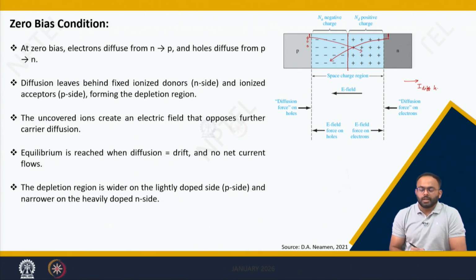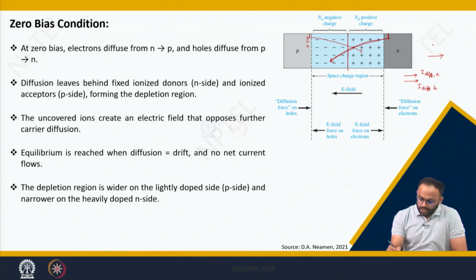Similarly, the electrons diffusing from higher to lower concentration produce a current opposite to the direction of electron flow, so the diffusion current due to electrons is in this direction. Ultimately you get a net diffusion current from left to right.